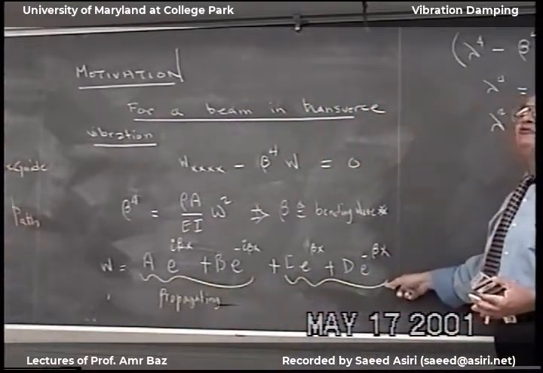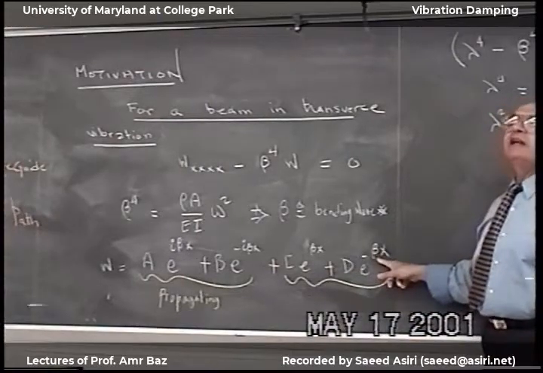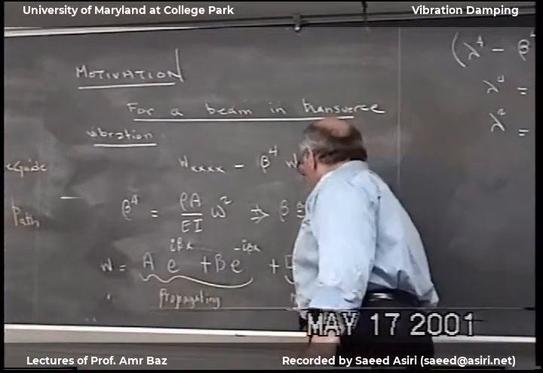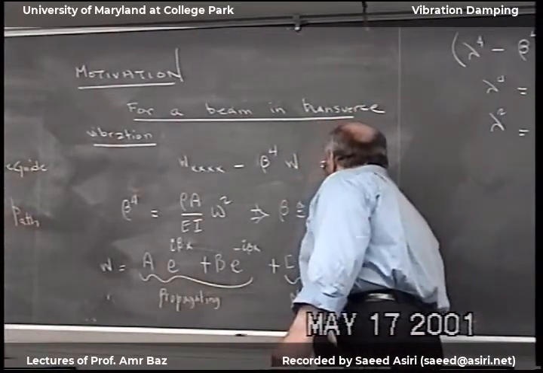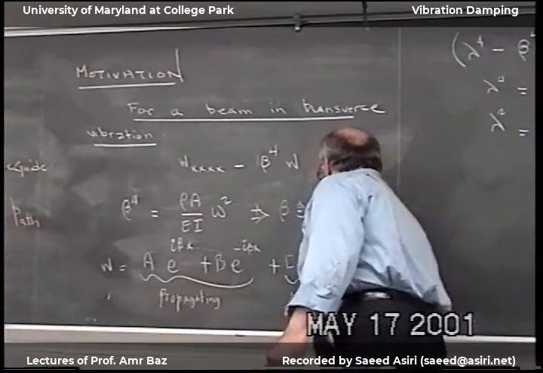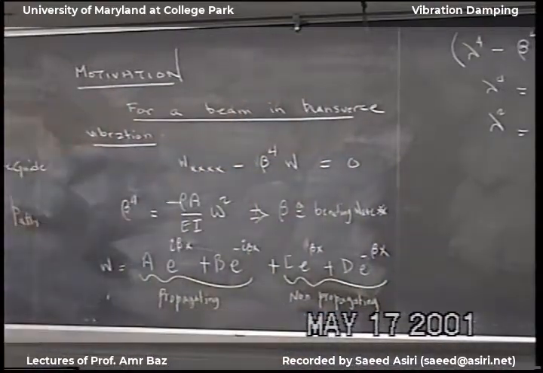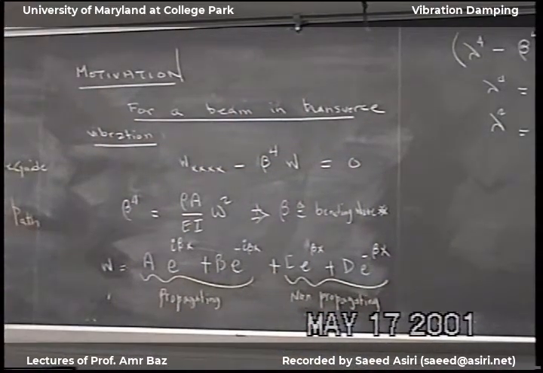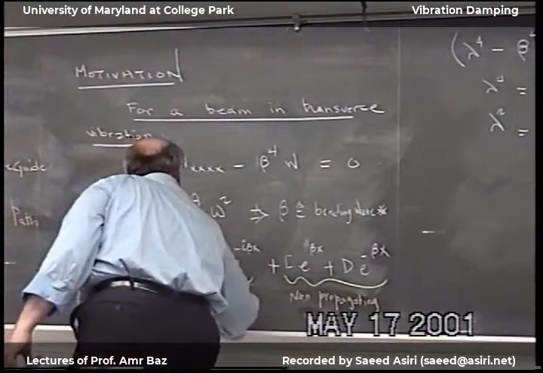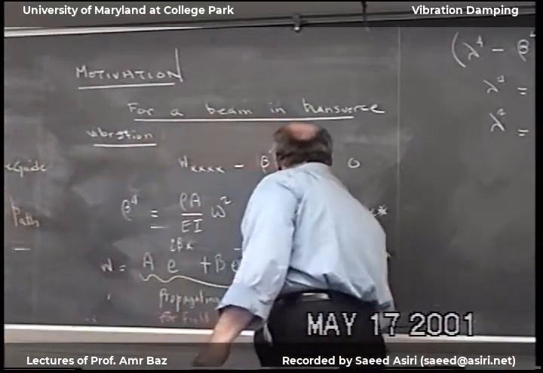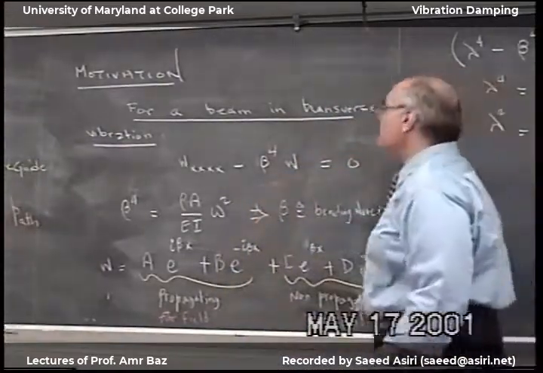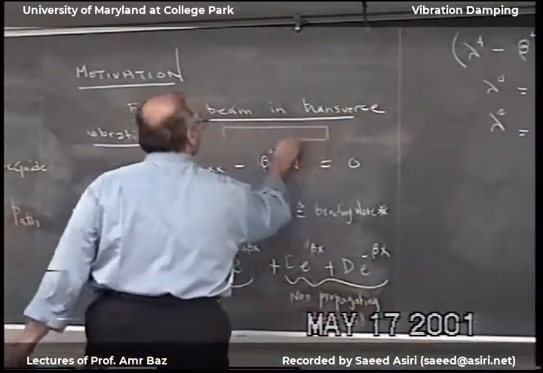The other term does not propagate too far because the exponential decays very fast, and this would be my near field component, or non-propagating component. This is all done for this beam.